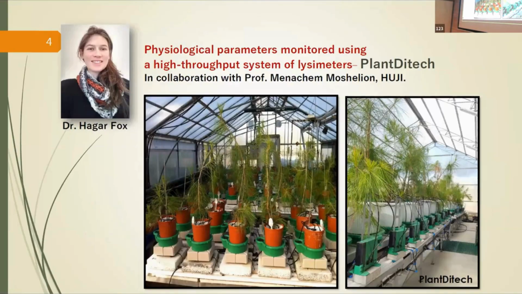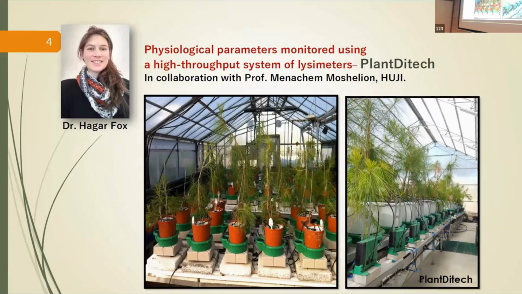Here you see the first, not the prototype, but the first version of the LeZion metric system, and we worked together with Menachem in the Faculty of Agriculture, and Hagar was her master's student. After that, she did her Ph.D. at the Weizmann Institute, and now she works there.